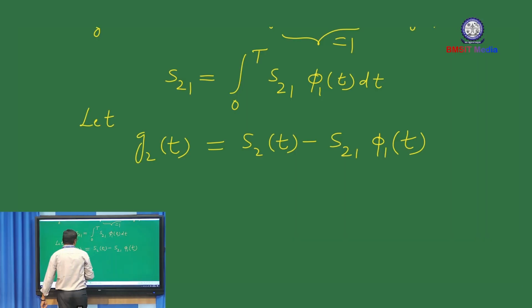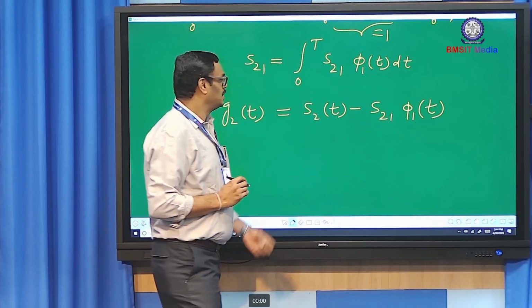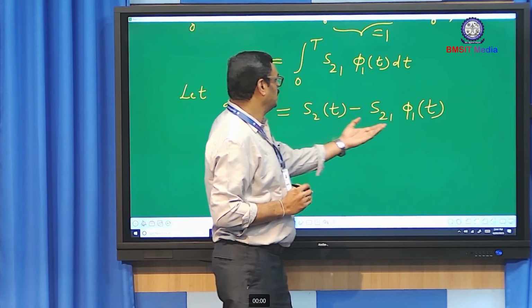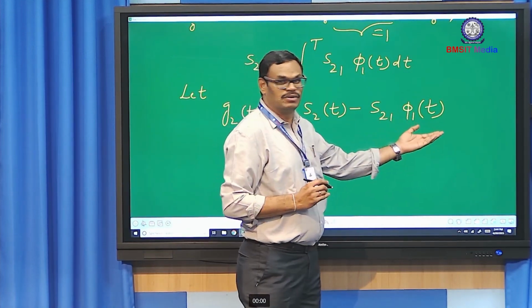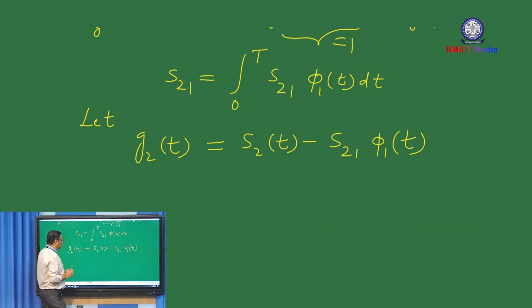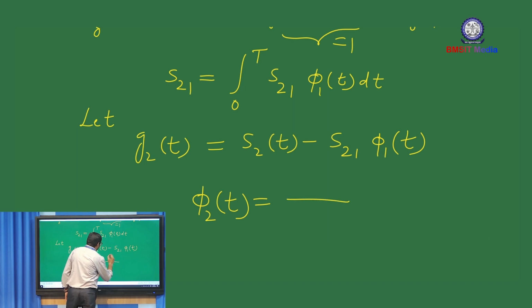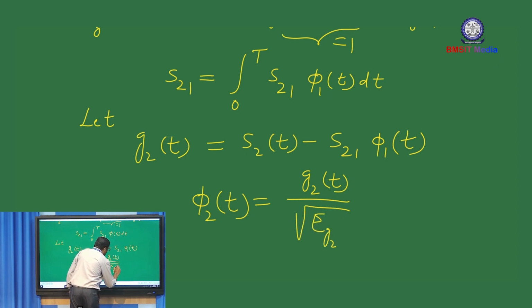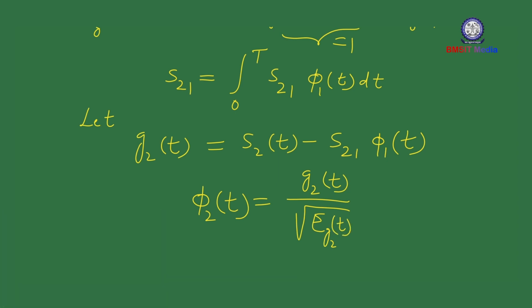I know what S2 of t is, I already found S21, and I know the value of phi 1 of t from the previous steps. Now I can find phi 2 of t as G2 of t divided by the square root of the energy of the signal G2 of t, Eg2.